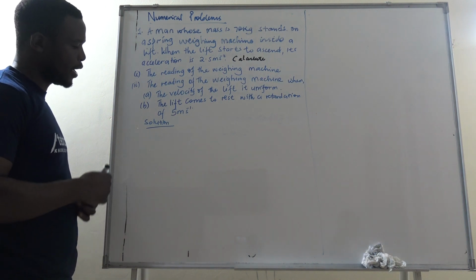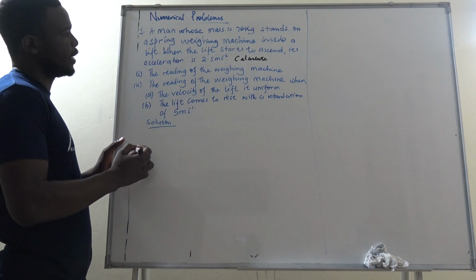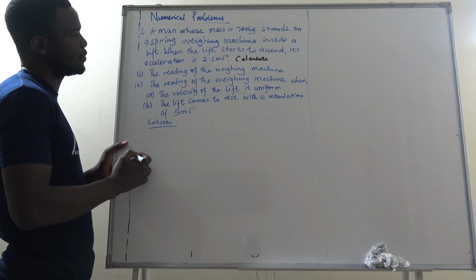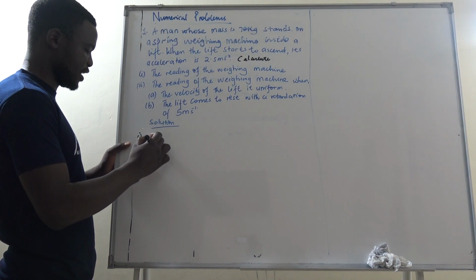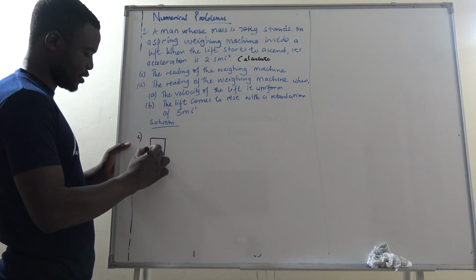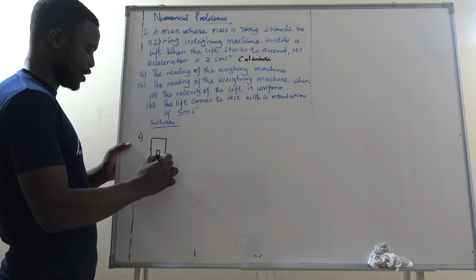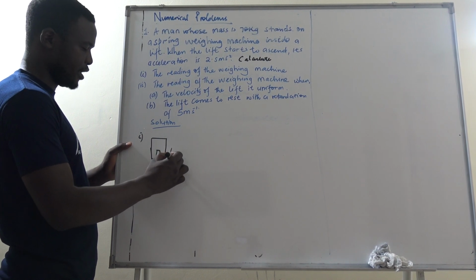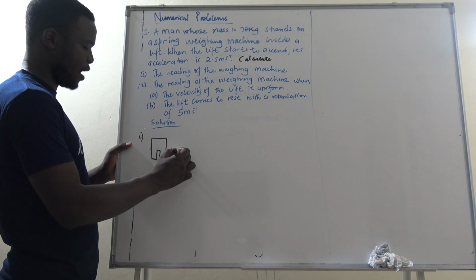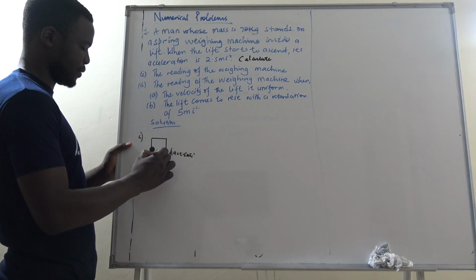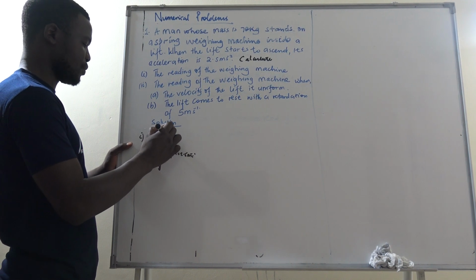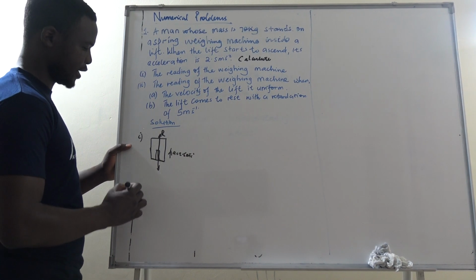Now, let's look at the solution. They are saying a man stands in a lift and it is ascending. When we say the lift is ascending, it means that if this is the lift and this is our man, the lift is moving upwards with an acceleration equal to 2.5 meters per second squared. On this man, there is a normal reaction.